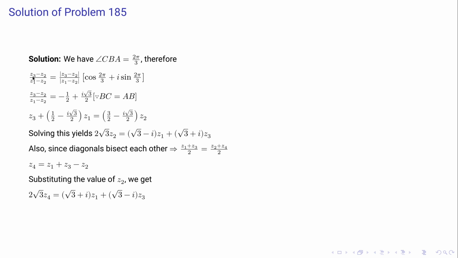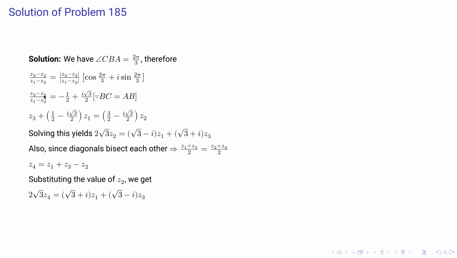So this angle will be given by (Z3 minus Z2) by (Z1 minus Z2). C will be here, B is here, and A is here. So this is BC and this is AB. So this will be given by mod of (Z3 minus Z2) by mod of (Z1 minus Z2) into (cos 2 pi by 3 plus i sin 2 pi by 3). Now, since it's a rhombus, BC will be equal to AB, so the magnitudes are equal and you cancel them out.